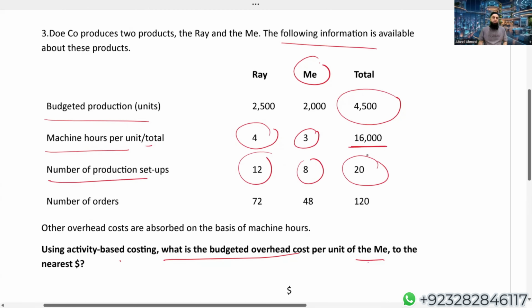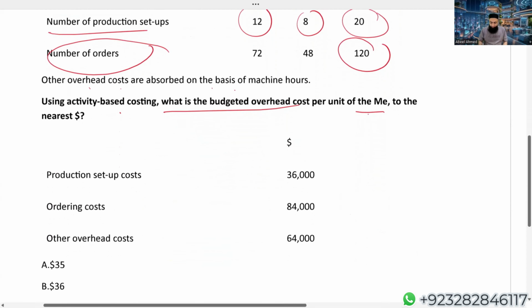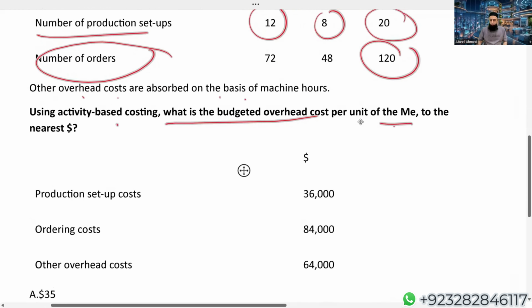So in total, 20 times the company will bear the setup cost. Number of orders: the total number of orders is 120. So the total ordering cost is based on 120 orders. Other overhead costs are absorbed on the basis of machine hours. Using activity-based costing, what is the budgeted overhead cost per unit of the product me?